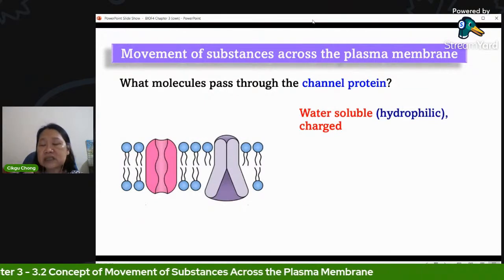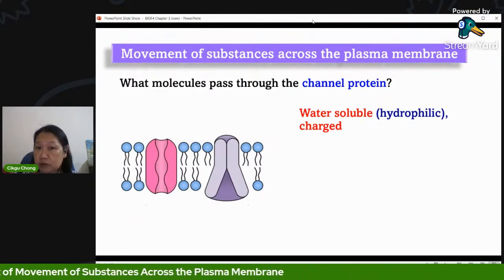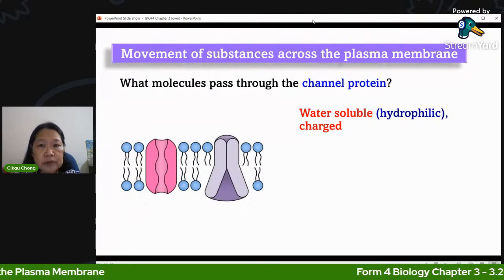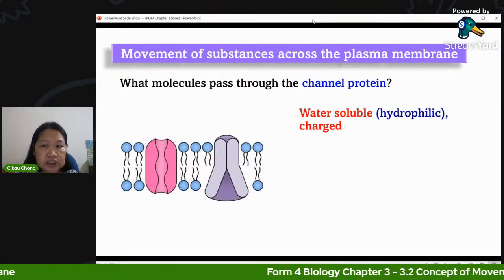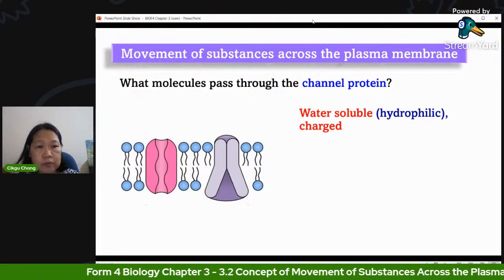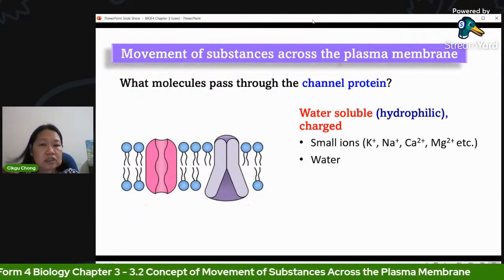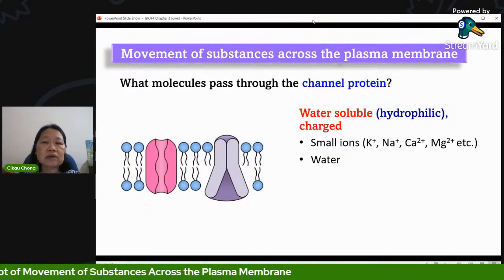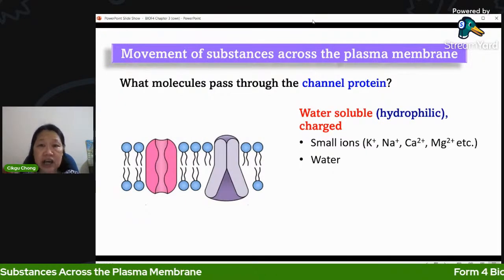Now, what are the substances that can pass through the channel protein? Those that cannot pass through the phospholipid bilayer. If they are water soluble and they are charged, they will pass through the channel protein, or we call it the pore protein. Examples: small ions, potassium, sodium, calcium, magnesium ions, and all that. They are all charged.